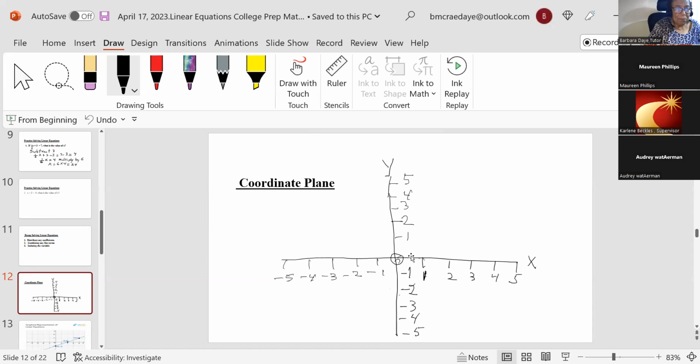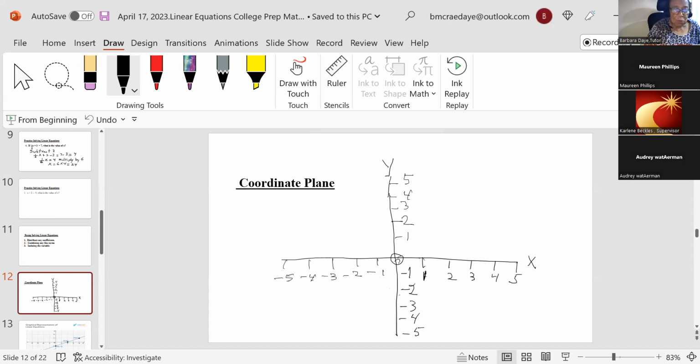The top of y is positive, and below is negative. For the x, the right side is positive and the left side is negative. Whenever you see them written, they are written x and then y, and that's the way you name them.